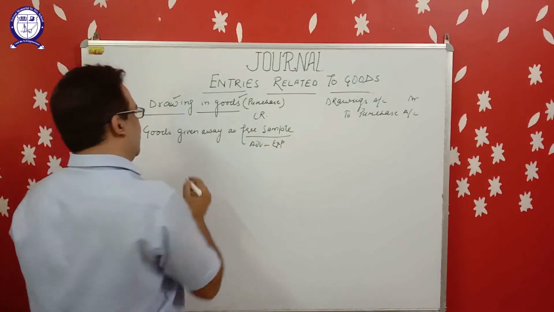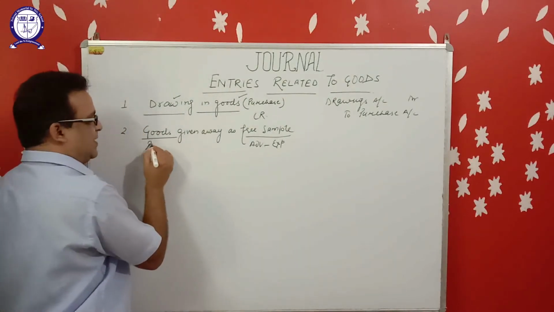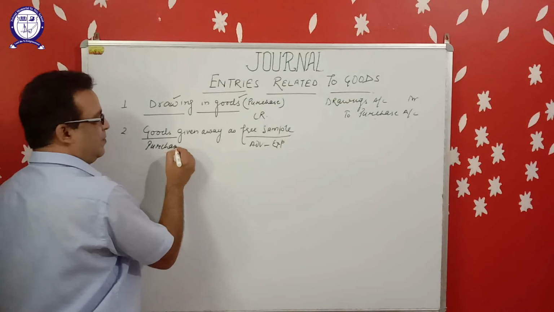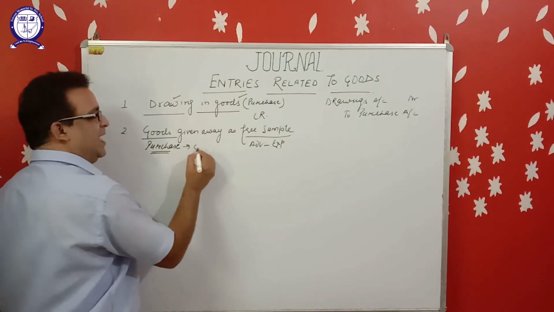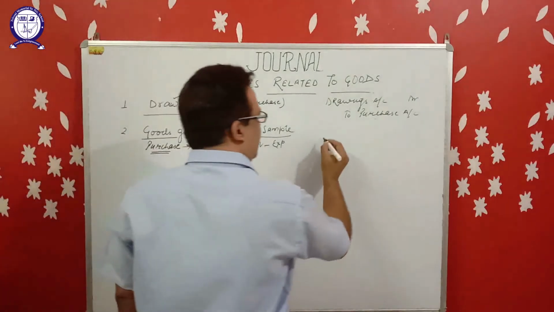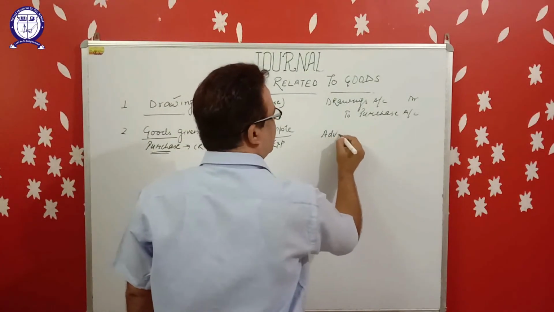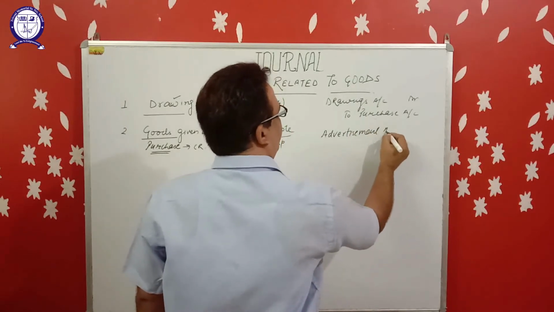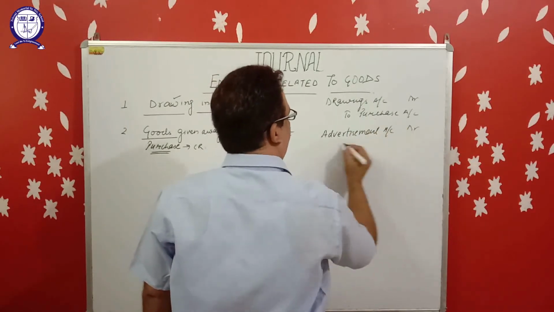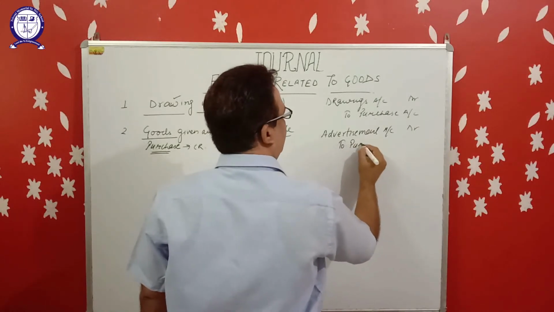Now the second account affected is purchases account. This will be credited. The journal entry will be advertisement account debit to purchases account.